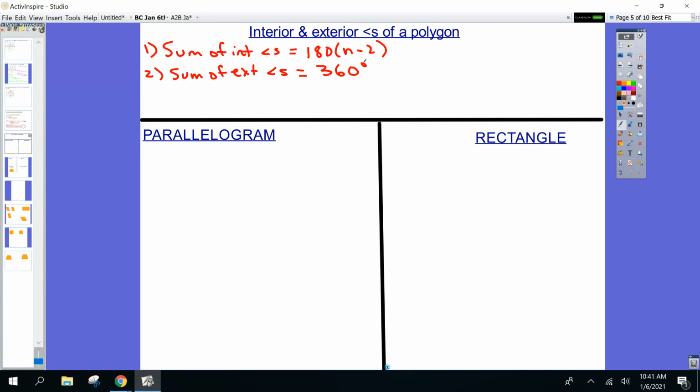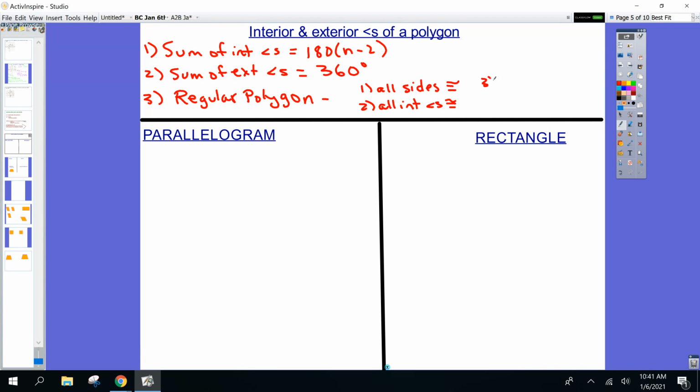And then finally, make sure you guys know, if this term pops up tomorrow, what a regular polygon is. Regular polygon. All sides congruent. All interior angles congruent.